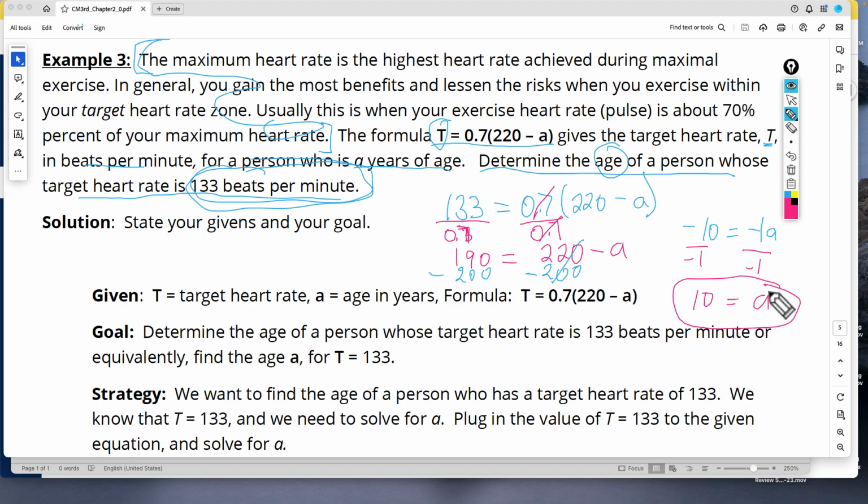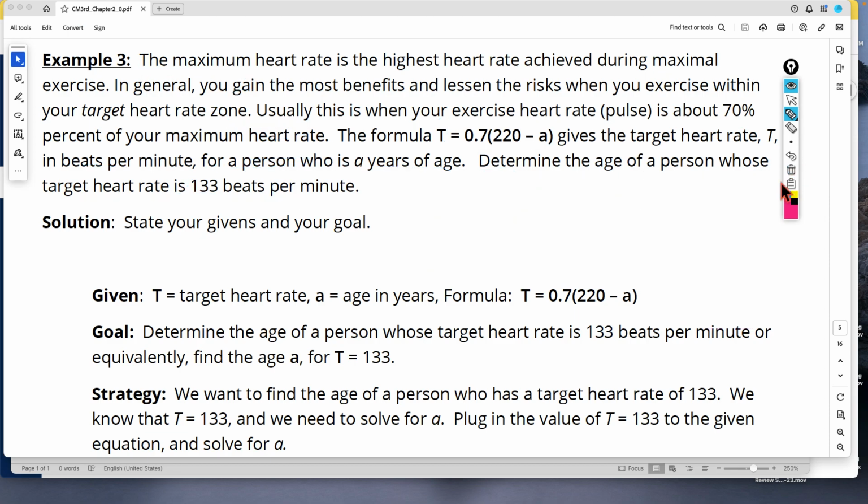The first 3 sentences don't really get into anything that we're supposed to do. It's just telling us about the heart rate and exercise and blah blah blah, but it's not what I need to solve the problem. Okay.